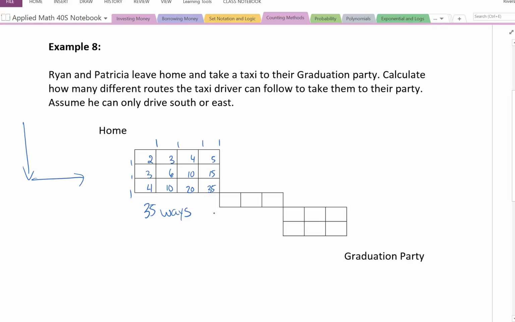So if you treat each grid as a separate arrangement, so this would be 4 ways, and then this last one, and then what do you do to get these all put together?